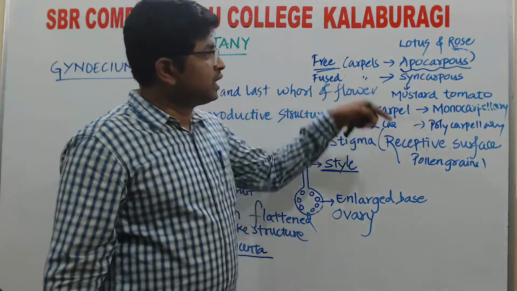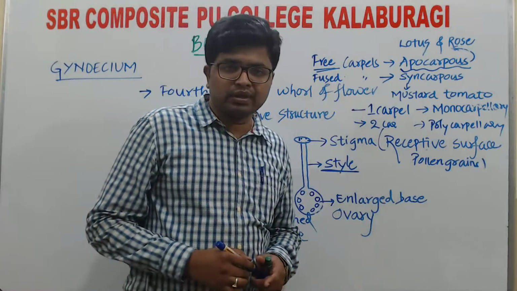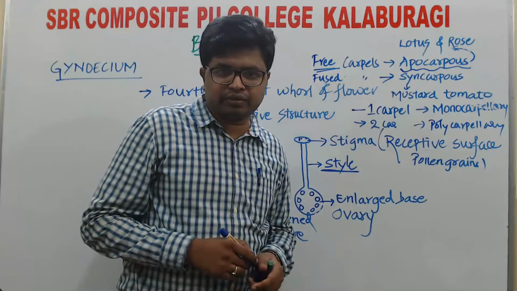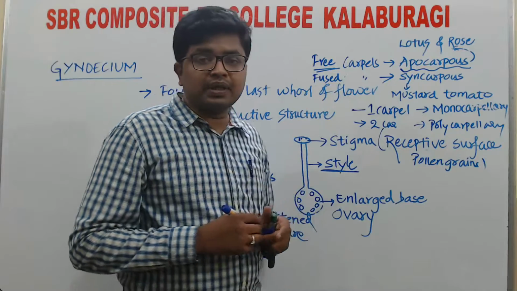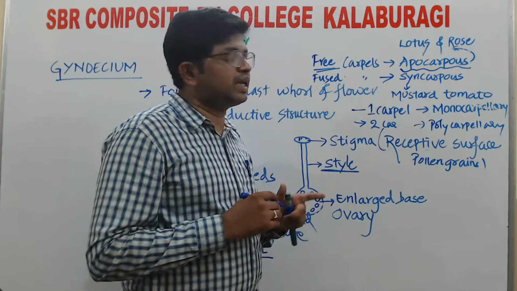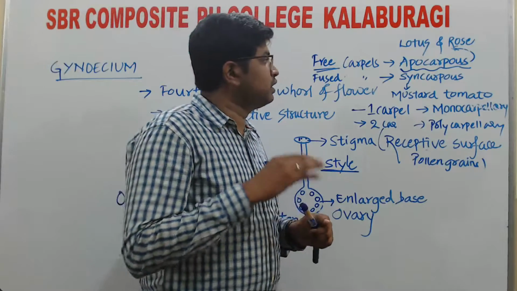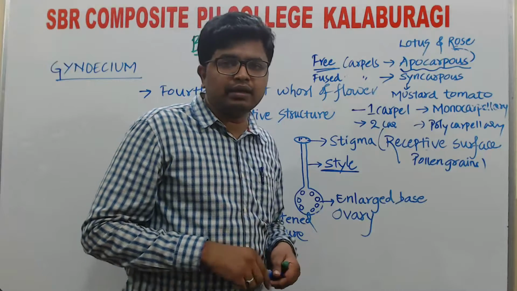So these are the examples you should remember. When the carpels are fused, we call it the syncarpous condition. When the carpels are free, you call them apocarpous, meaning they have carpels which are free. Example is lotus and rose.